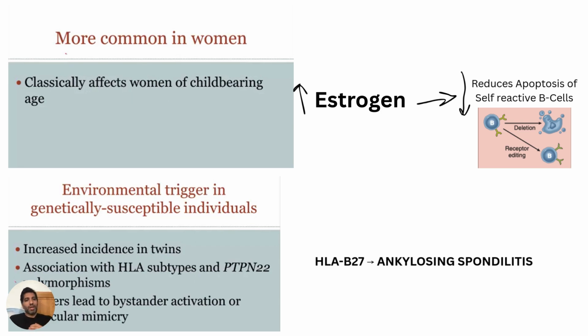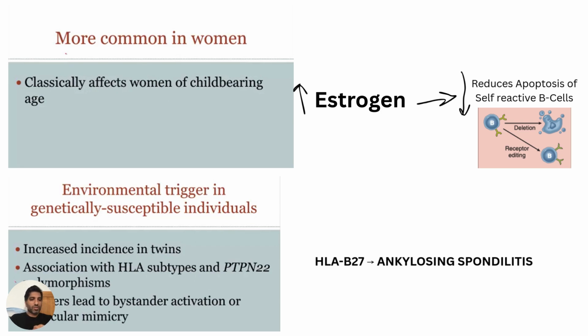HLA association with HLA subtypes, PTPN22 polymorphisms. That's just something you have to know. I wrote down HLA-B27. That's associated with a condition called ankylosing spondylitis. I'm not going to put this on this test, but that phrase, HLA-B27, ankylosing spondylitis, you just have to memorize because it comes up very commonly.